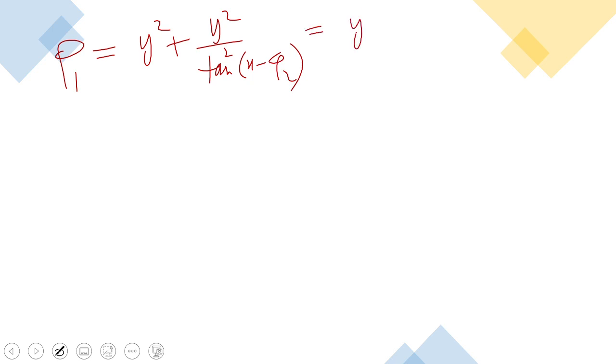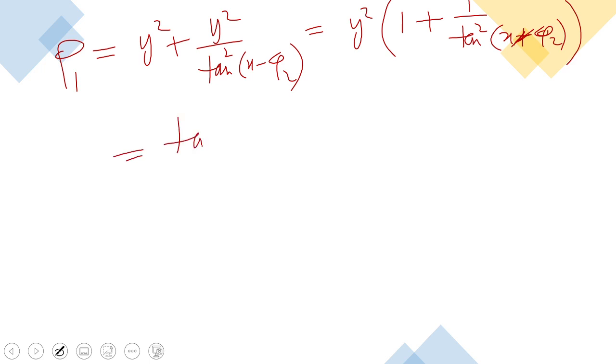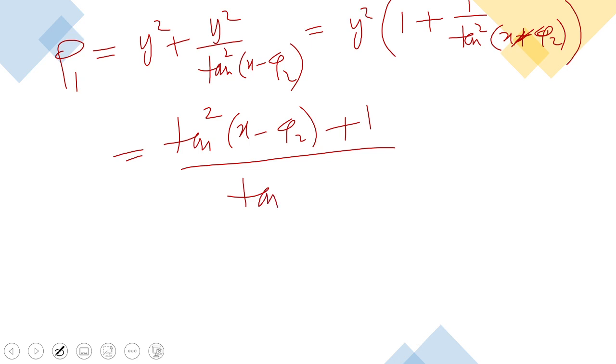So it will be y square times 1 plus 1 over tan square of x minus phi 2, and that is equal to tan square of x minus phi 2 plus 1 over tan square of x minus phi 2, and this whole is multiplied with y square.